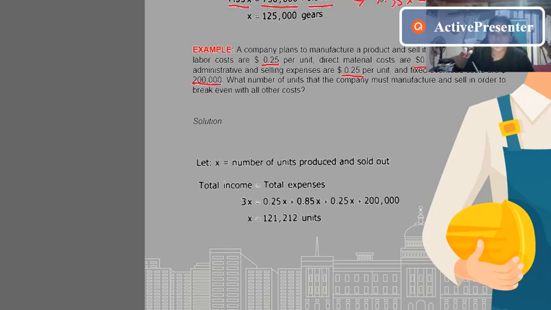First we need to solve for our X, so we need to derive. 3x minus 0.25x minus 0.85x minus 0.25x is equal to 200,000.